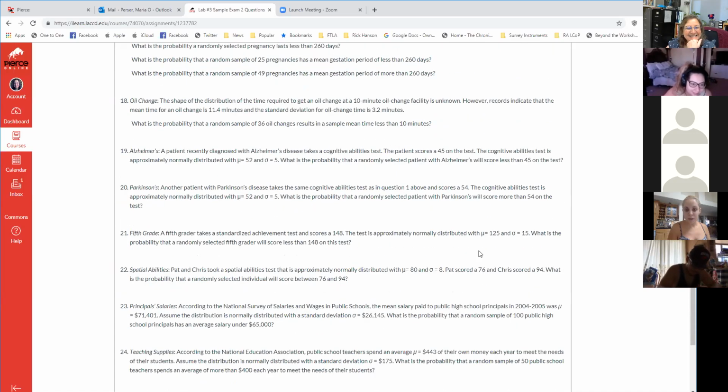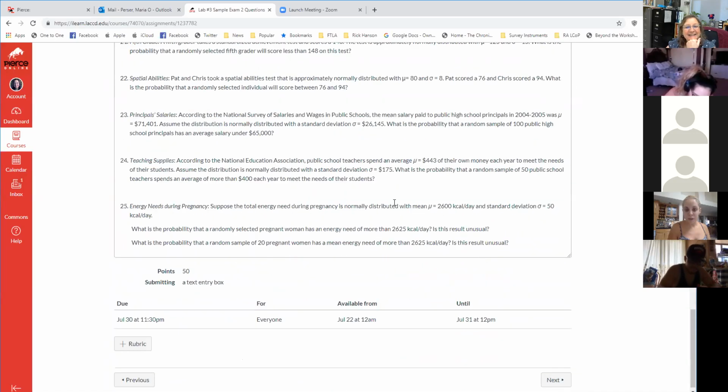So 24 is the teaching supplies problem. For 24, the formula, I just had it right here. The first question I would ask you: what is different about this particular problem versus the other problems you've done?